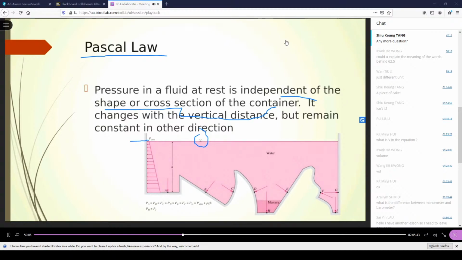Then you have water, and here you have mercury. Now the density of mercury is higher than water, so mercury sinks to the bottom of the water.